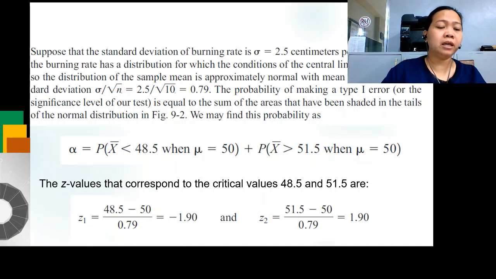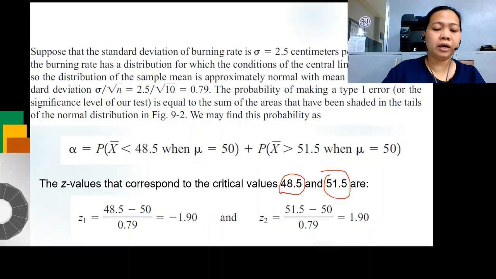Previously, in the discussion of Engineer Dagsa, she presented to you how to compute the z values of particular critical values. So in this example, our critical values are 48.5 and 51.5.